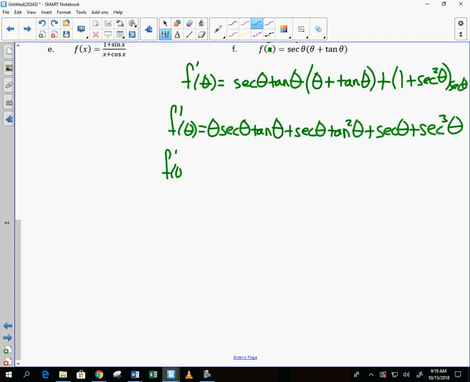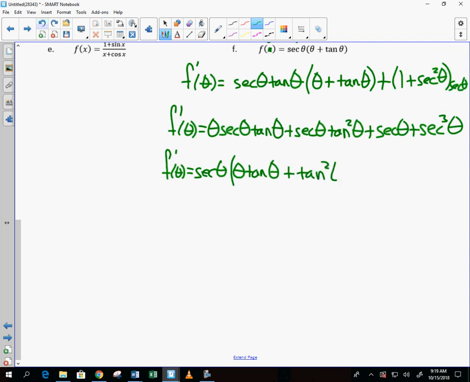F prime of theta equals secant of theta times, looks like I have a theta times tangent of theta, plus what?